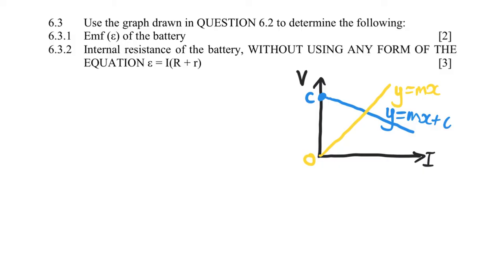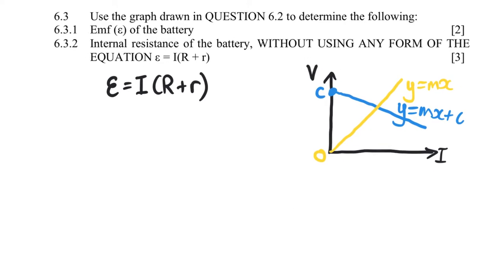So what we need to do here is take this formula that you find on the formula sheet, and transform it into y equals mx plus c. And that's what I'm going to do. So, right, the EMF is I total times R plus the internal resistance.